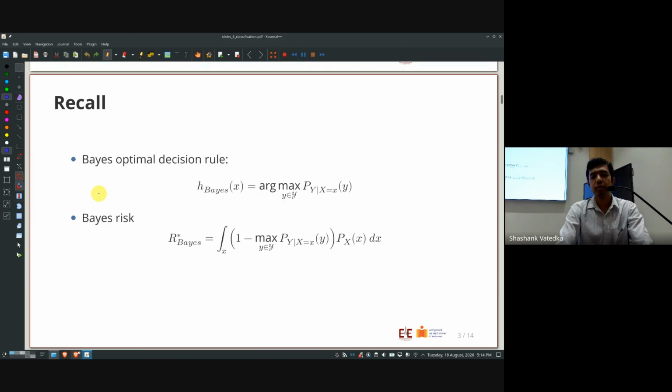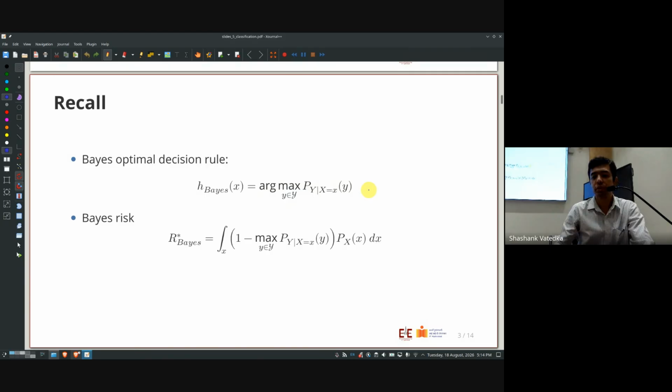All right. So again, in the context of classification, we saw that the Bayes optimal decision rule is just to choose, for a given x, that particular y which is most likely.